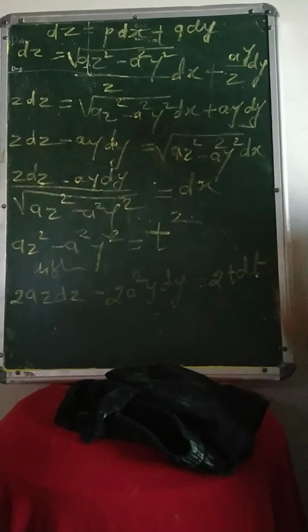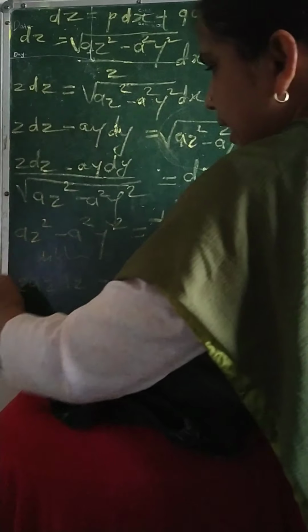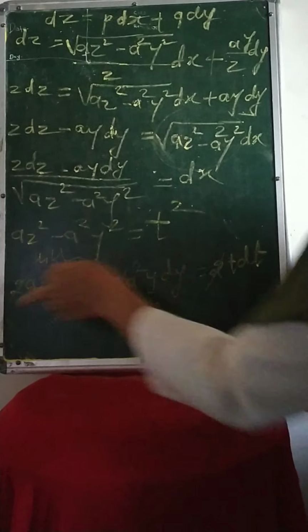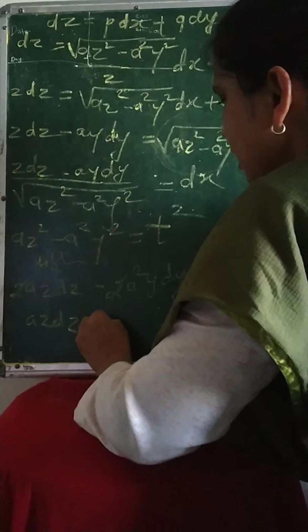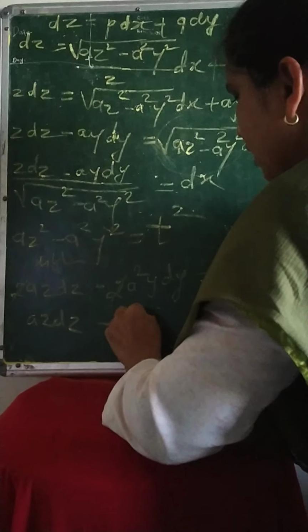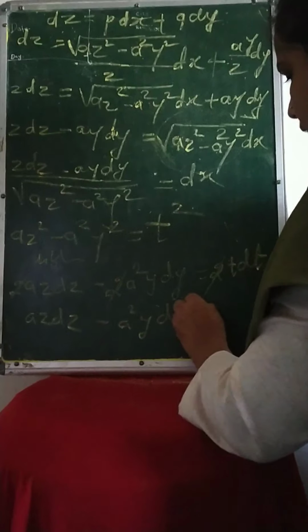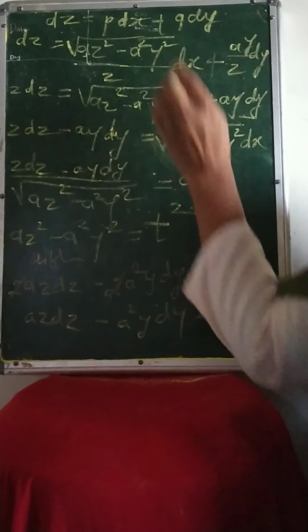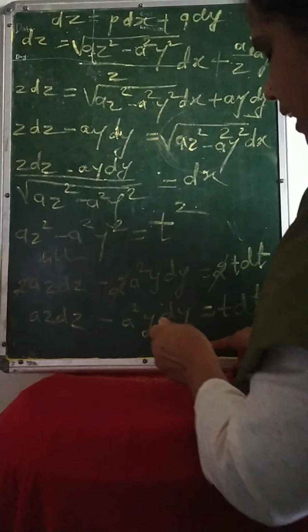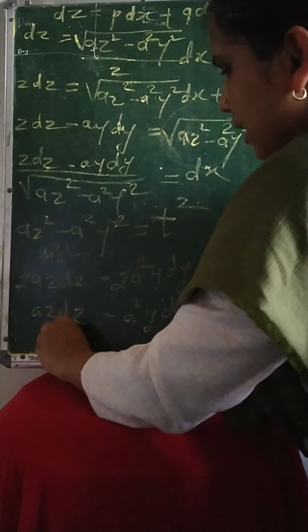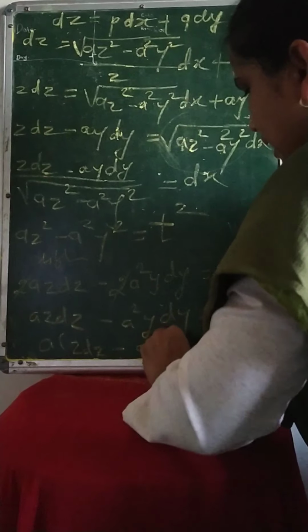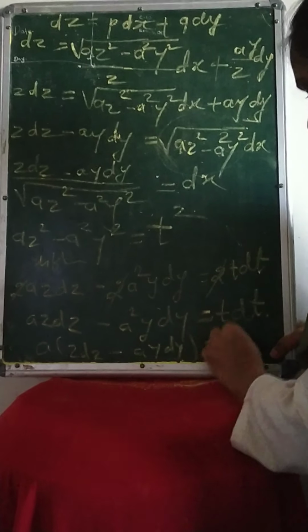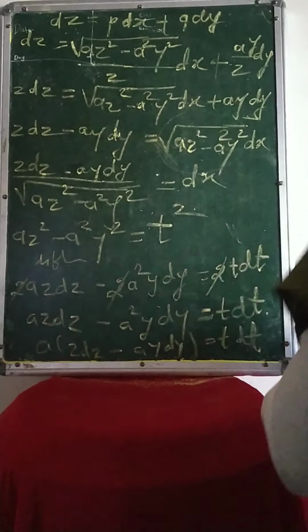Now here 2 is common, so we take out 2 common and it gets cancelled. Means what we get, az dz minus a square y dy equal to t dt. Now again a taken out common here, means a into z dz minus ay dy equal to t into dt.